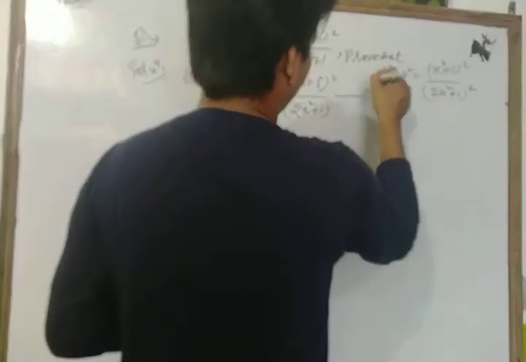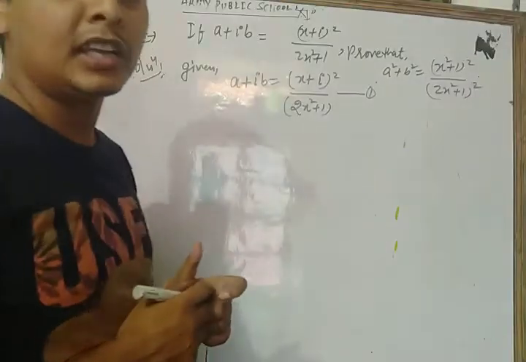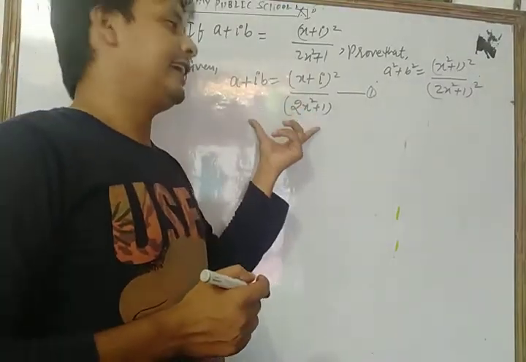Take equation number 1. Now we take the conjugate of both sides of equation 1.